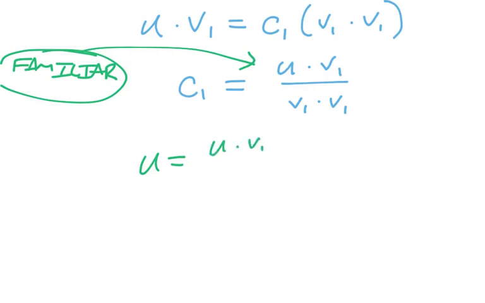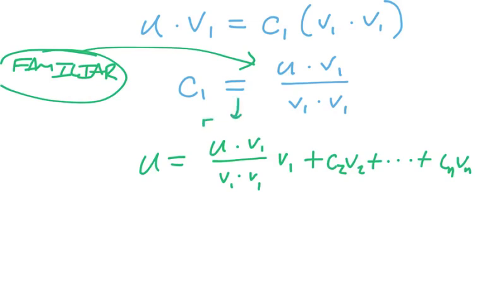This is u dot v1 over v1 dot v1 times v1 plus c2 v2 all the way up through cn vn, right? We just don't know what those are yet. We haven't done the work to figure out what c2 through cn are. We've only done the work at the beginning here to figure out what c1 is. All right, and I'm just plugging that in right there.